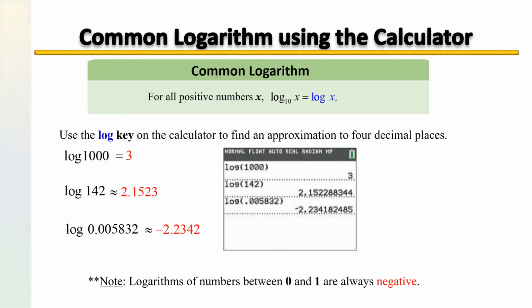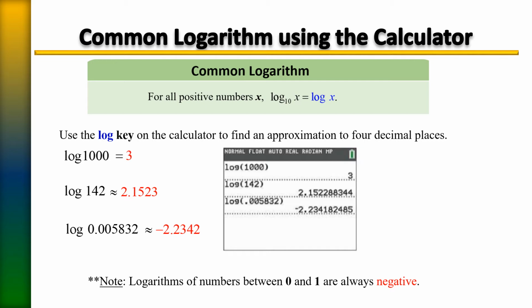All right, so let's do some practice. Get your calculator out, and I already have the answers here because I want you to just practice using the log key. See if you can locate the log key. Calculators vary in terms of where that key is, so just see if you can find it. If you have the Casio model, you just look for the key that says LOG.